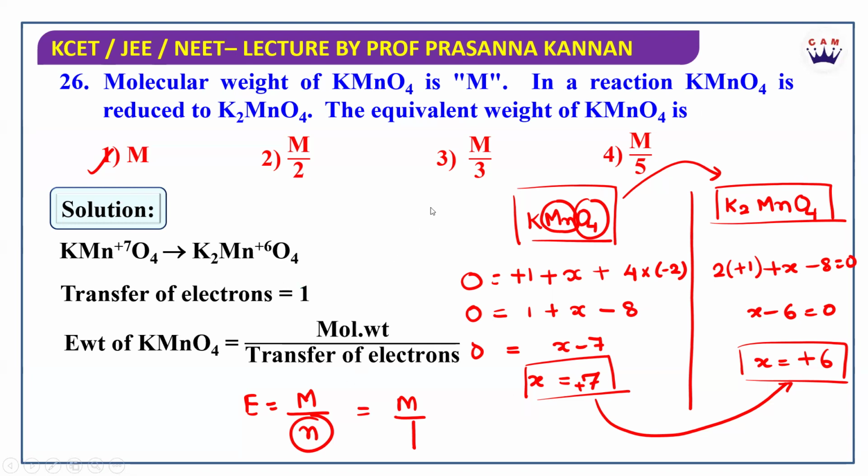But how do we know what is changing and what is not changing? See here, it is quite easy to know, right? Potassium is an alkali metal. Alkali metals don't exhibit multiple oxidation states. Lithium, sodium, potassium, rubidium, cesium, all these are group 1 elements, and they all exhibit the oxidation state of +1, correct?